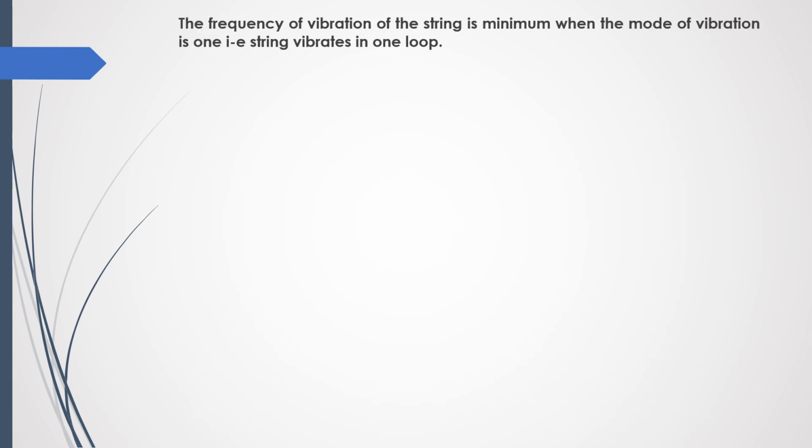If we talk about the simplest mode of vibration, the frequency of vibration of a string is minimum when the mode of vibration is one, that is, when the string is vibrating in one loop, and the frequency is the fundamental frequency. I have already derived the formula for fundamental frequency. It is equal to v upon 2L, where the speed of a transverse wave is v equals the square root of F upon mu.